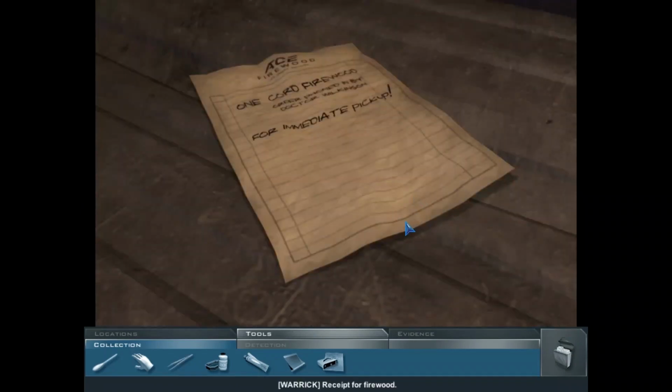Receipt for firewood. Remember the good old days when you chopped your own? No date on it, but the order was phoned in. If need be, we can ask Brass to pull phone records for us and find exactly when the good doc called in the order.